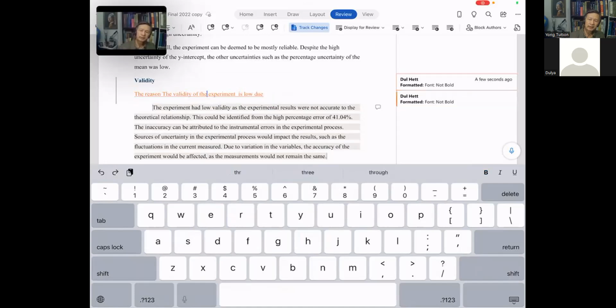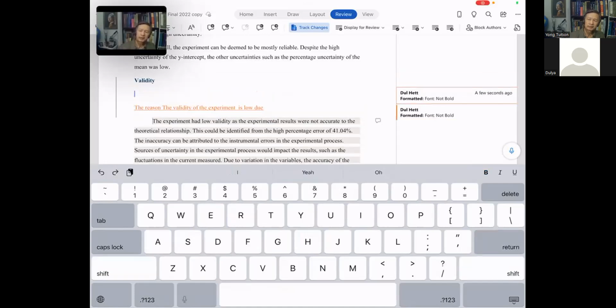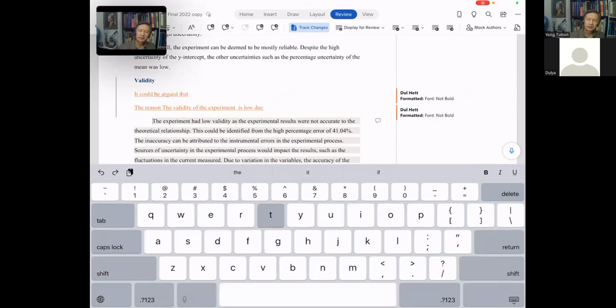It could be argued that there are two main reasons. Can you just rewrite that? It could be argued that there are two main reasons, or there are two reasons.